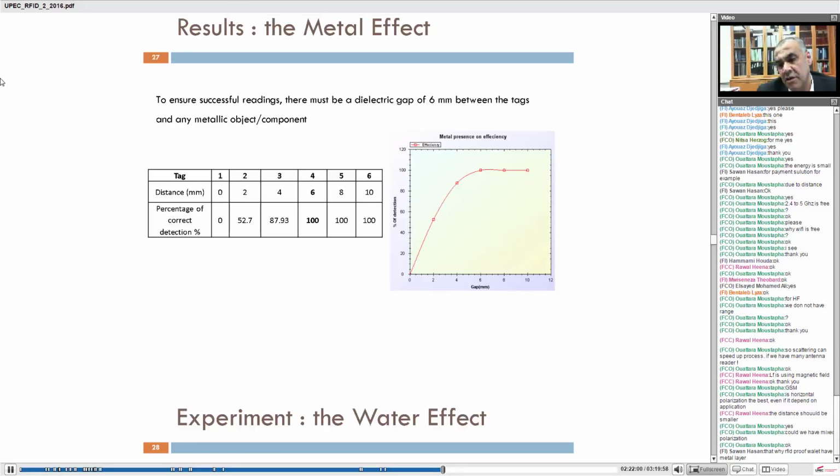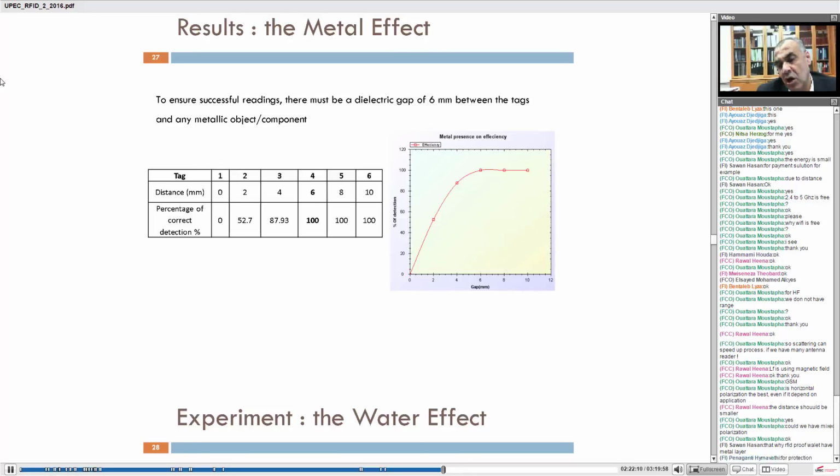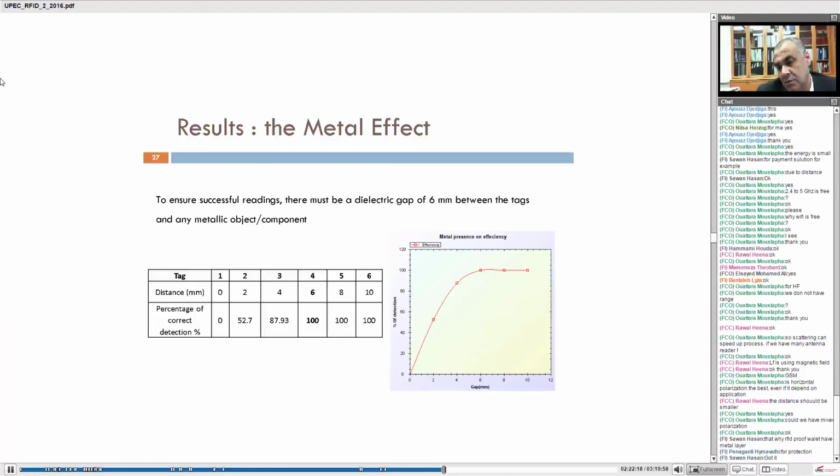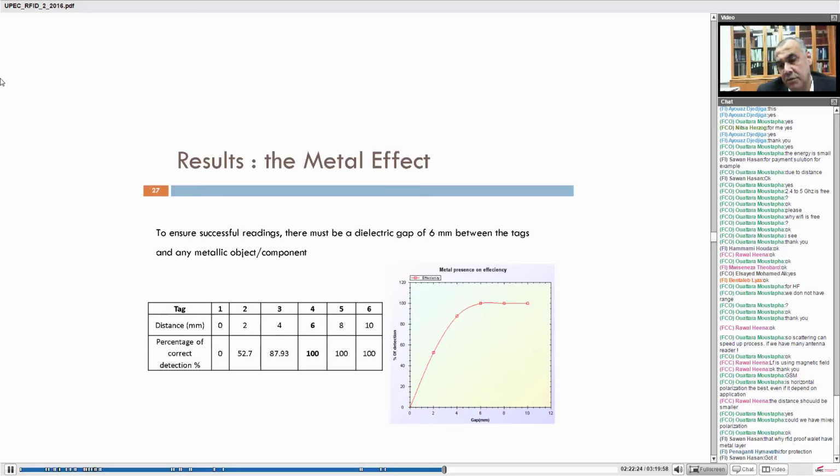And why are they proof? Because maybe you are using near field communication, inductive coupling. Remember, for LF and HF, it's not sensitive to the metal and liquid.